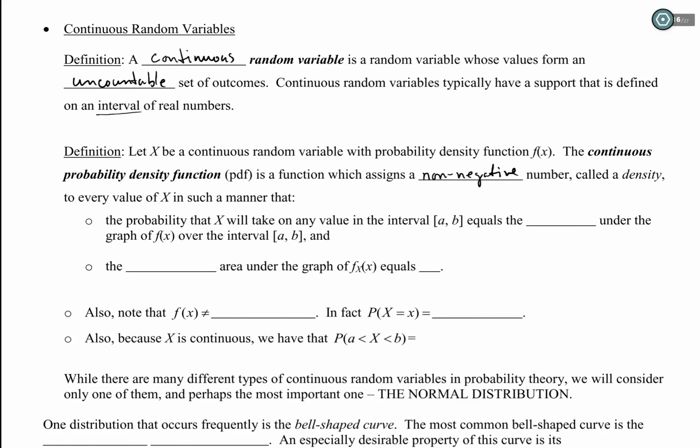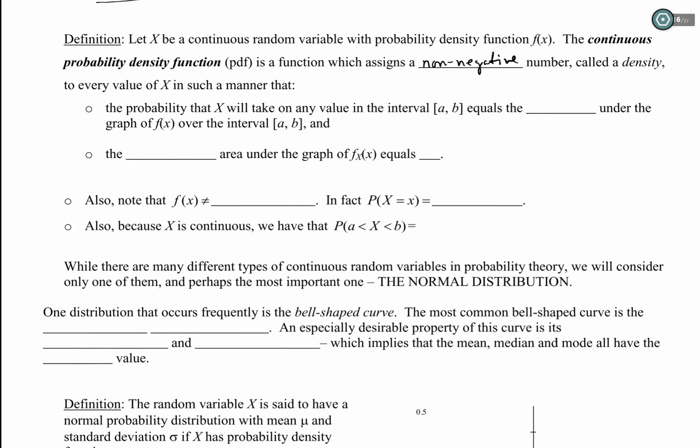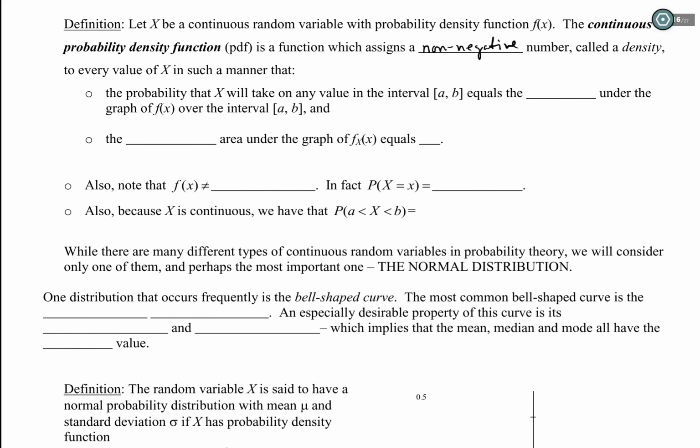The first one says that the probability that X will take on any value in the interval AB equals the area under the graph, under the PDF, over the interval AB.